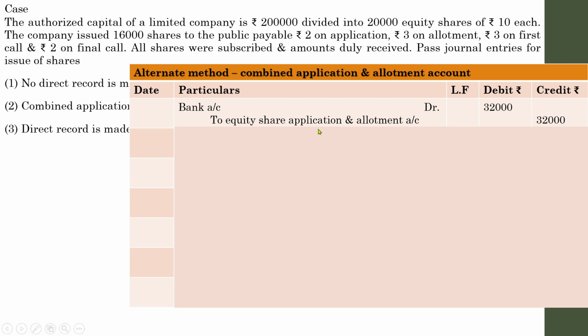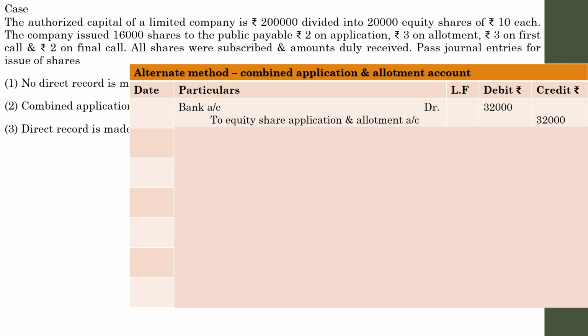That is why only the application money details will be entered here, even though application and allotment account is mentioned in the journal entry. So 16,000 into application money, 16,000 into 2, 32,000. The narration will be application money received on 16,000 shares of rupees 2 per share.